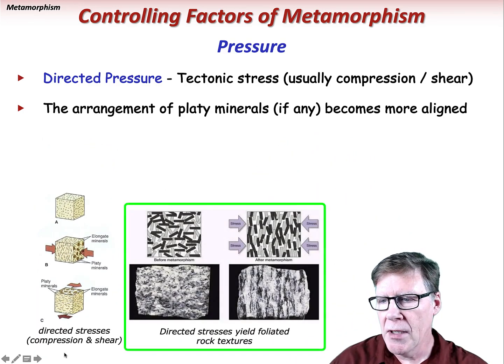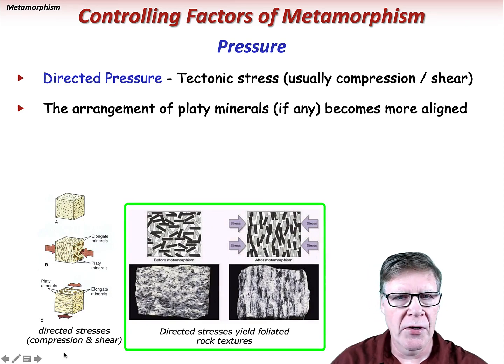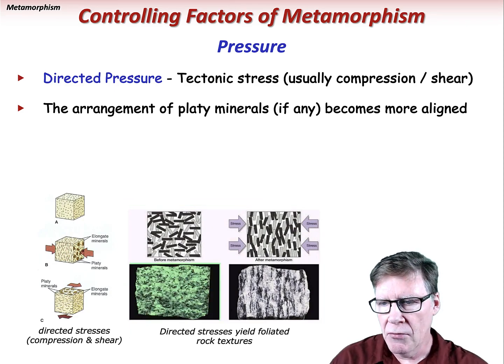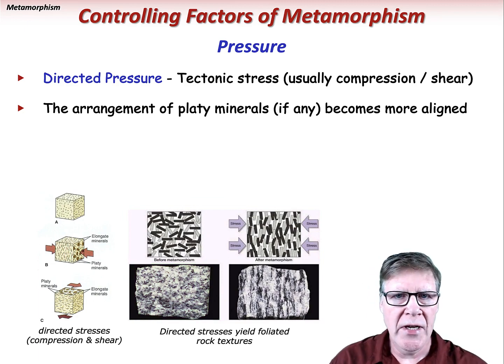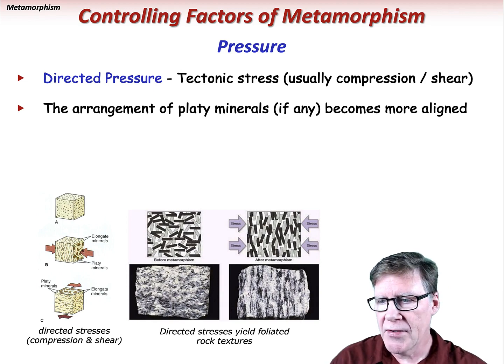This middle diagram shows how a foliated metamorphic rock texture can form. The rock there on the left is a typical granite with platy minerals like biotite, and over time, if it's subjected to tectonic compression, those biotite grains may realign so that they're more stable under the new stress conditions. And so they become aligned in a roughly parallel fashion, and that layering is about at right angles, about perpendicular to the incoming stress.